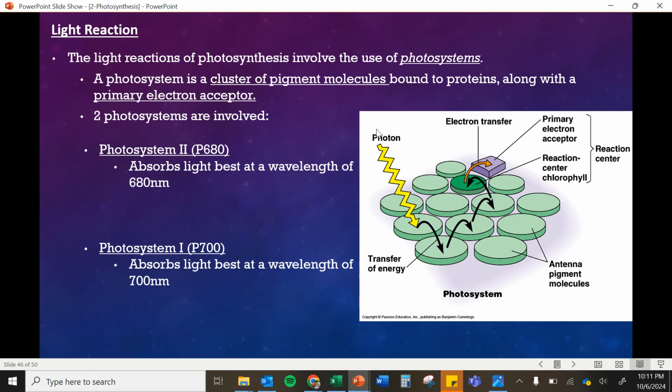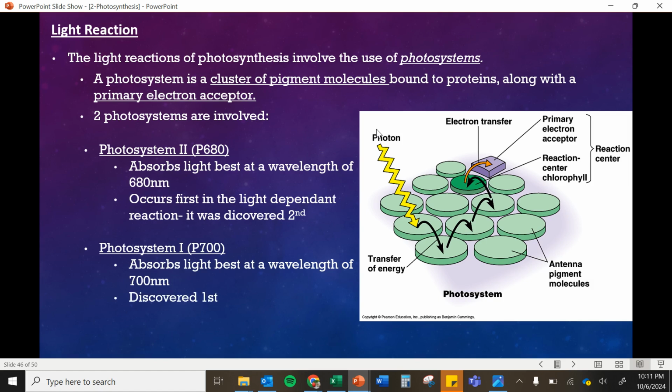I don't know that you really need to memorize those numbers, but photosystem 2 actually occurs first in the light-dependent reaction because, the only reason it's named photosystem 2 is because it was discovered second. And then photosystem 1 was actually discovered first. So it sounds a little out of order, but it's because they're numbered 1 and 2 in the order of when they were discovered, but they were discovered out of order.